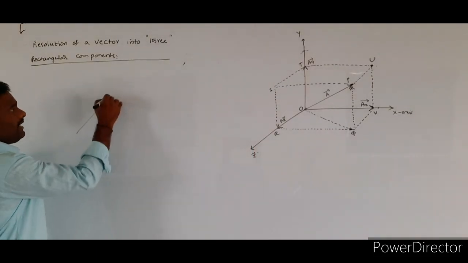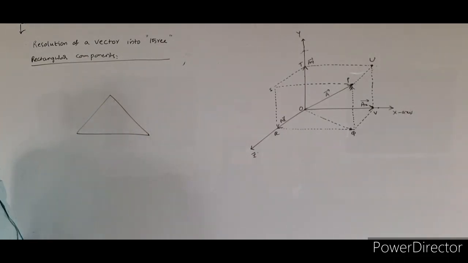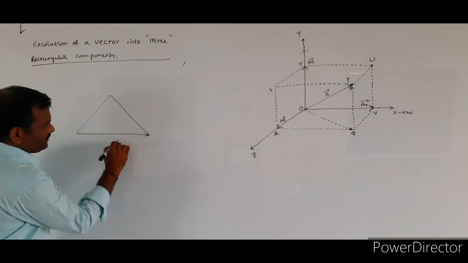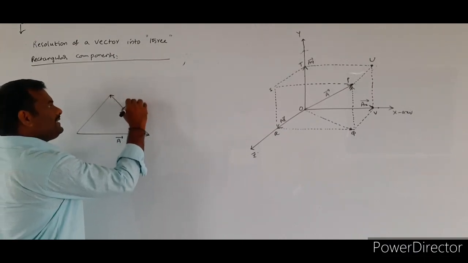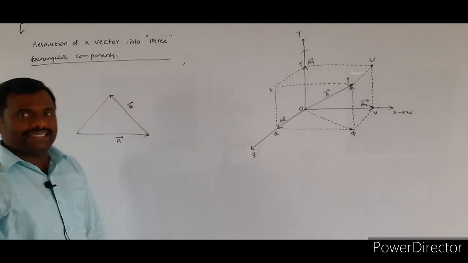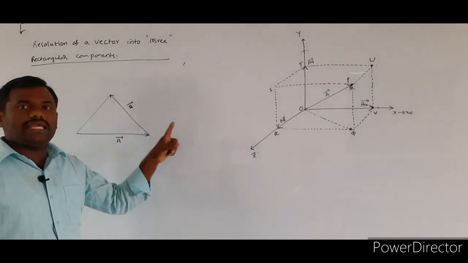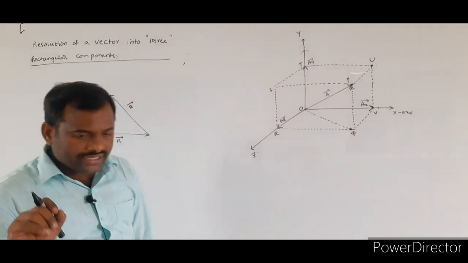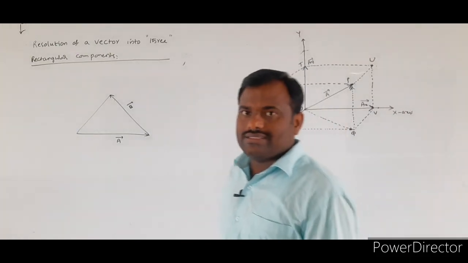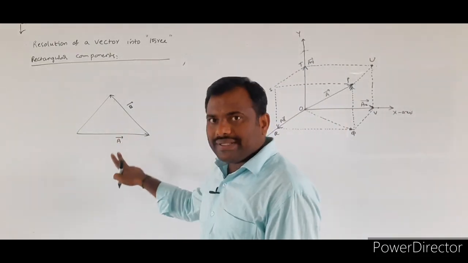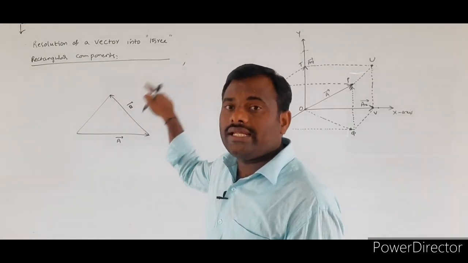According to the statement, if any two vectors are represented by the sides of a triangle taken in order.